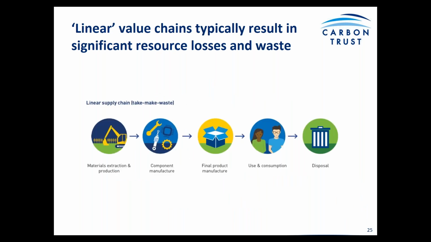As I mentioned in the previous diagram, when we talk about more transformational and more innovative approaches, these are generally looking at how to move from the traditional pattern of a supply chain, that is take, make, use and discard a product, like we see in this diagram.